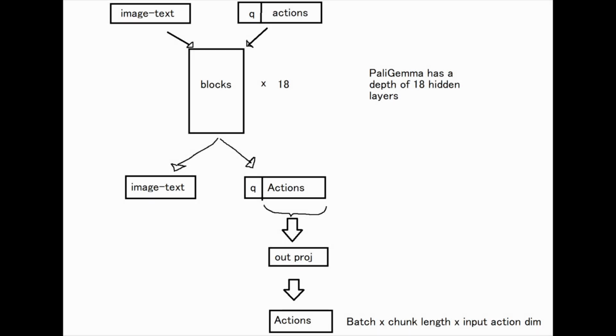After it is done with this first hidden layer, it'll repeat this same sort of layer style for however many blocks are actually in the vision language model backbone, and then you end up with the two vectors at the end. At this point, only the embedded action vector is selected, and it is then sent through an output linear layer to project the actions back to their right dimension. This gives something in the right shape and dimension as an action chunk.